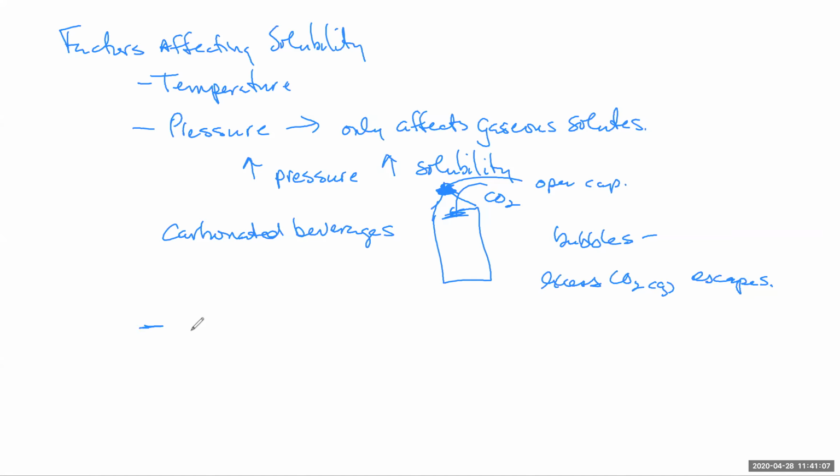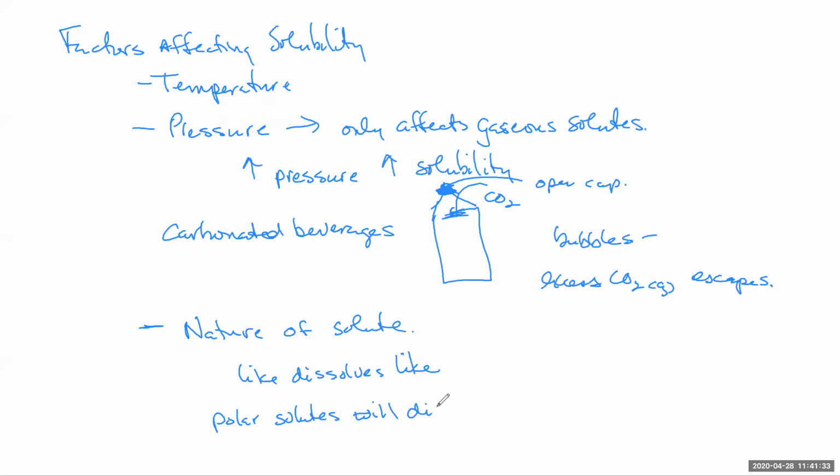The third thing, I'm just going to call it nature of the solute. A lot of this material is actually skipped over in chapter 12 of the Tro book, and when you take Chem 1A, you'll see a lot more of it. But there's this general rule that says like dissolves like, and what this means is that polar solutes will dissolve into polar solvents, and vice versa.